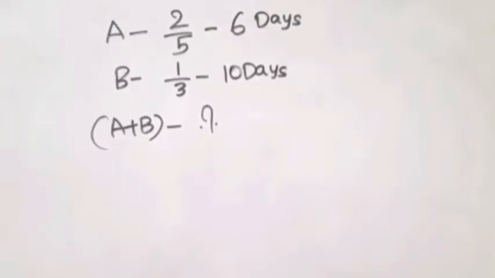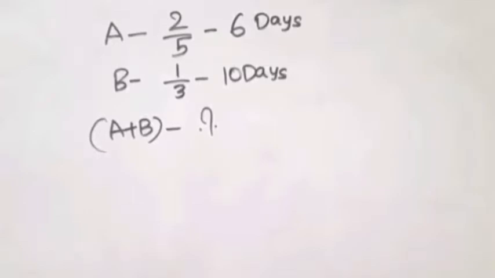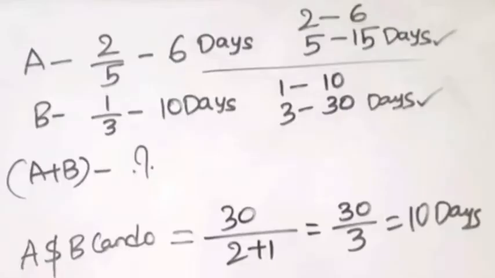Okay, so A and B can do the work in how many days he is asking. So as we discussed previously, the same matter is given here. So let's observe the solution carefully, so you will understand definitely.